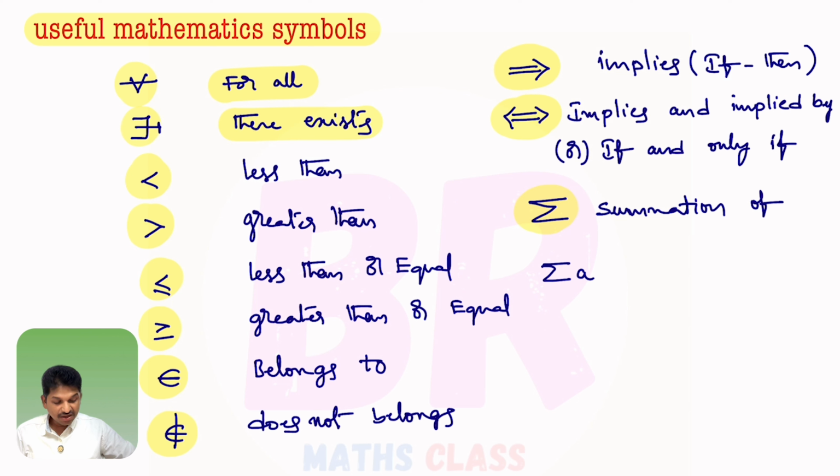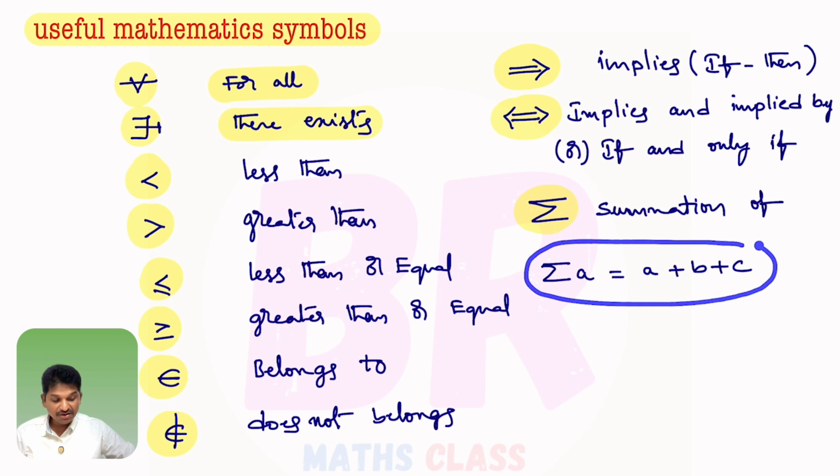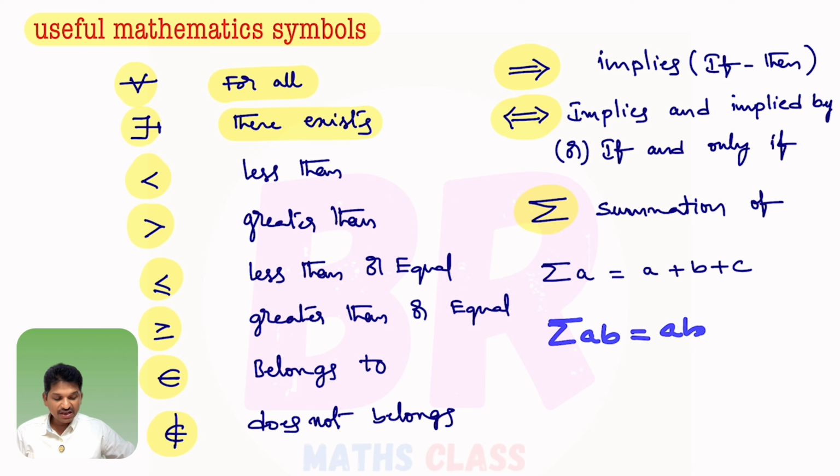If they mention sigma A and that there are three variables, sigma A indicates A plus B plus C. If A, B, C, D are four variables, then sigma A indicates A plus B plus C plus D. Suppose A, B, C are three variables, sigma AB indicates AB plus BC plus CA.